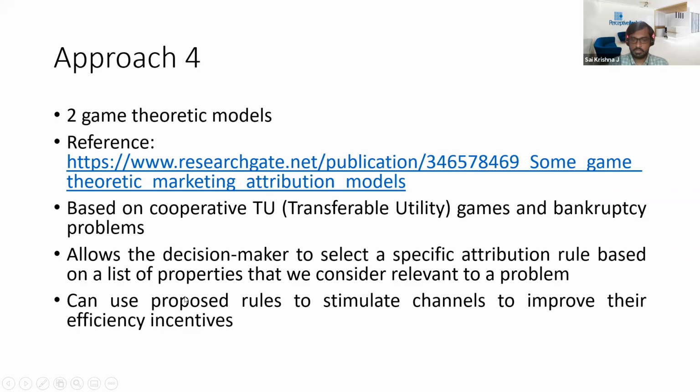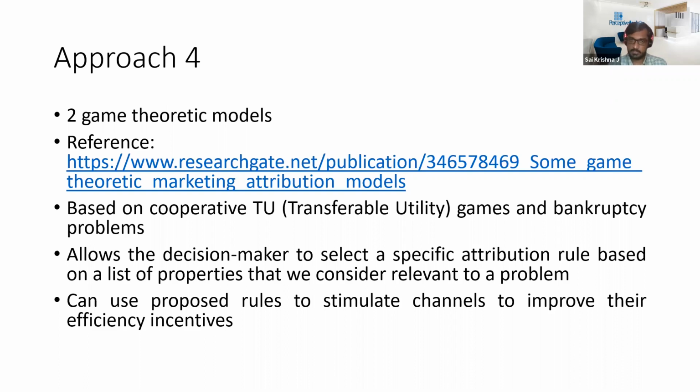And we use these proposed rules to stimulate channels to improve their efficiency incentives. So what we actually do, let's say at the end of this game theory exercise, you get a set of rules, right? You tweak those rules, you tweak the parameters involved in making those rules, and then analyze the impact of those changes on your different advertising channels. This also helps you perform a what-if analysis and determine, okay, if this channel is configured differently tomorrow, then what could be the benefit that I possibly get out of it.